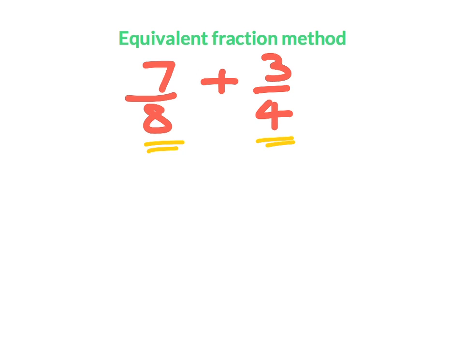So what we do now is to multiply this whole fraction, both the numerator and the denominator, by 2 each. And then we'll have a fraction called an equivalent fraction. And the reason it's that way is because even though we are multiplying by 2, we are not changing the value of the fraction.